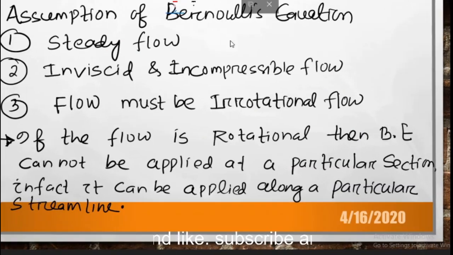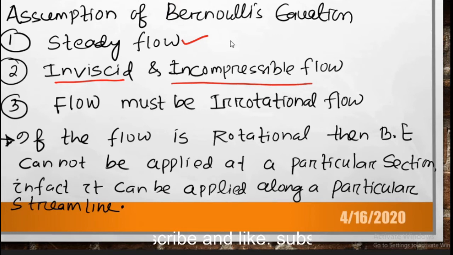Now, what are the assumptions of the Bernoulli equation? The same assumptions made in the Euler equation derivation have been applied in the Bernoulli equation. The first assumption is that the flow is steady, and the second is that the viscosity of the fluid is not considered, and the force due to compressibility is also not considered. So this is applicable for steady flow, inviscid flow, and incompressible flow. And the flow must be irrotational.